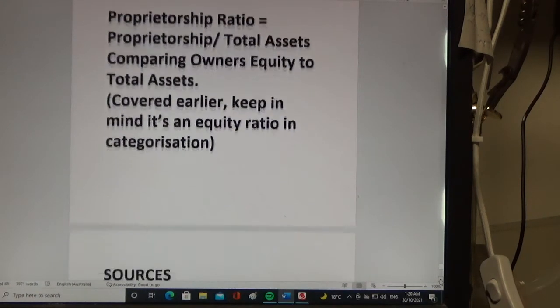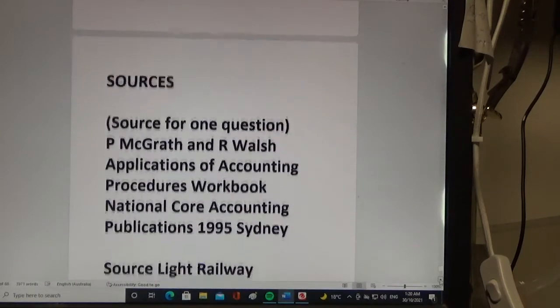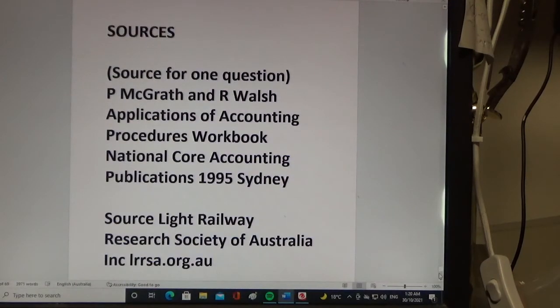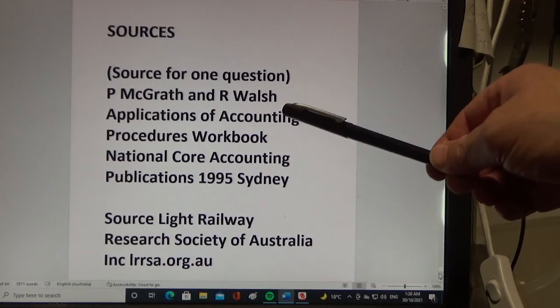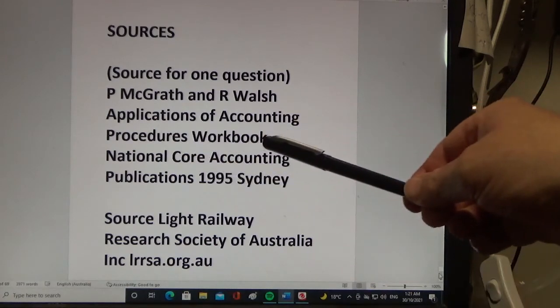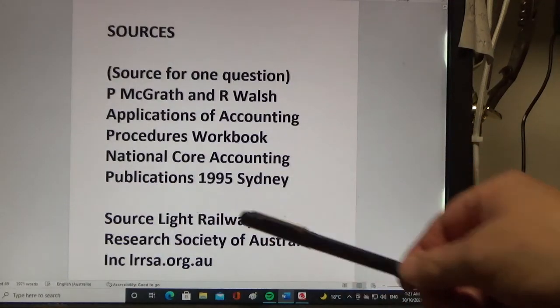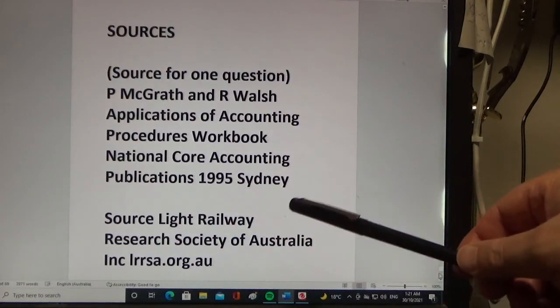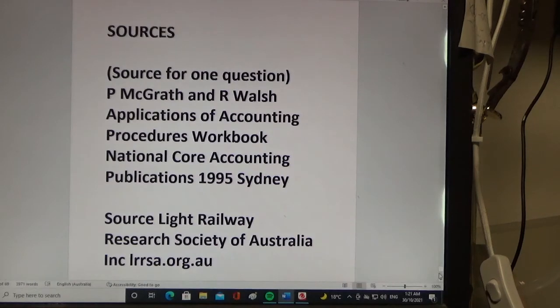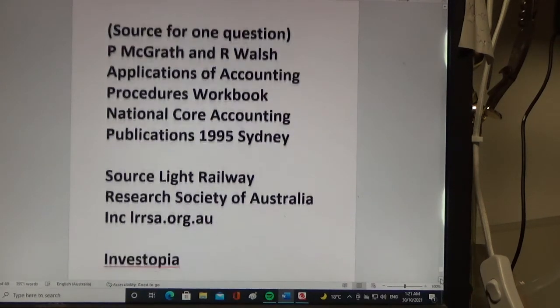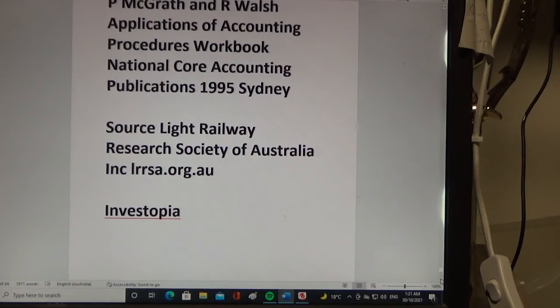Okay, now, these are my sources. McGrath and Walsh, the book I used at TAFE in the mid-90s, Applications of Accounting Procedures Workbook, National Core Accounting Publications, 1995, Sydney. I chose a question from there. Light Railway Research Society of Australia.